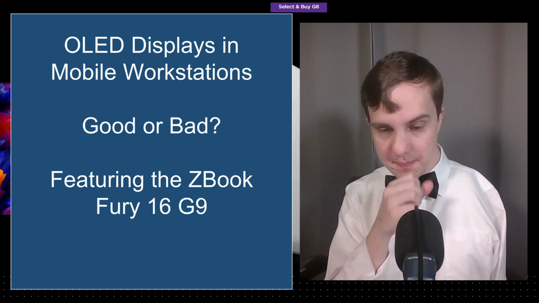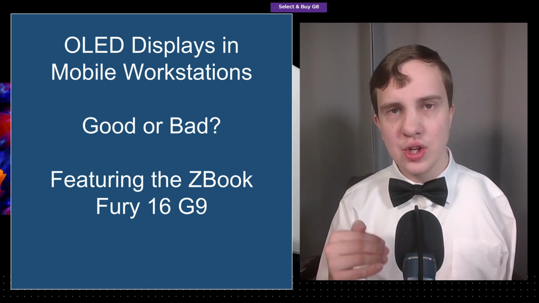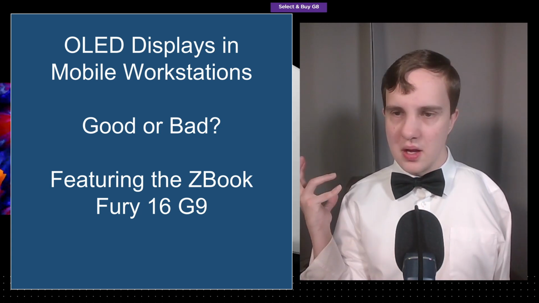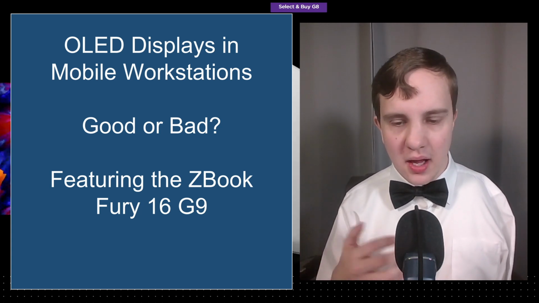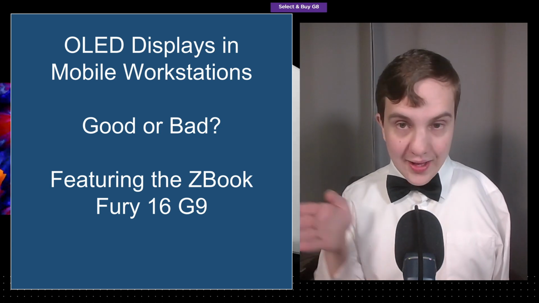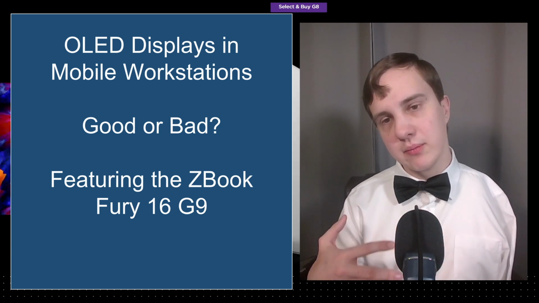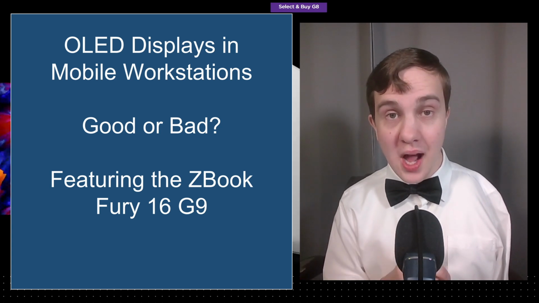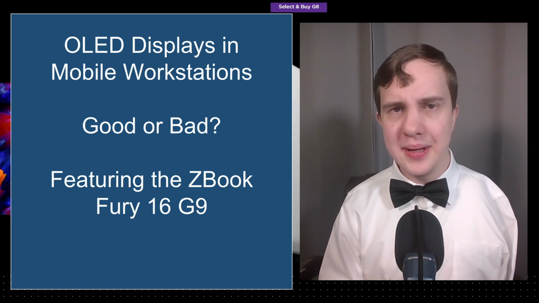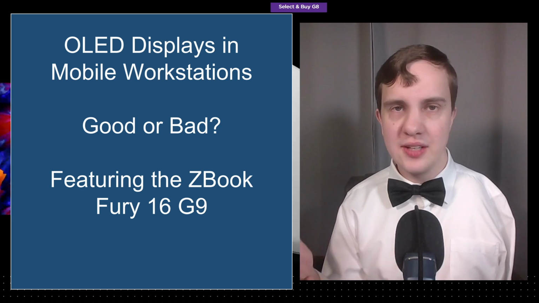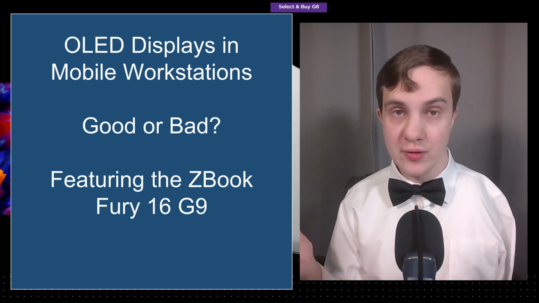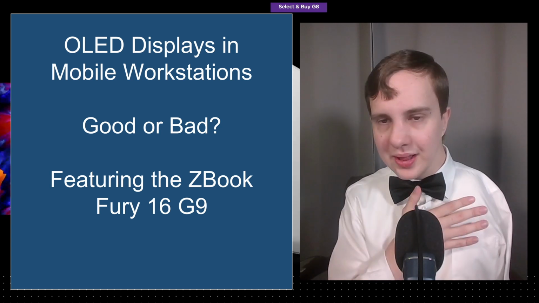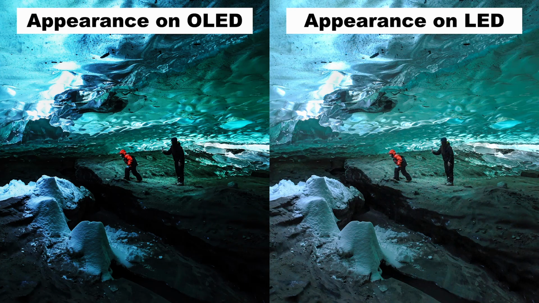For instance, if you color correct the film using a high-end bright LED display, you might pull down the black levels to make them look sort of contrasty on your screen. But if someone watches that media, whether it be a YouTube video, movie, TV show, commercial, music video, whatever, on their OLED display, those blacks may be completely lost. They may just go black and you can't see anything.